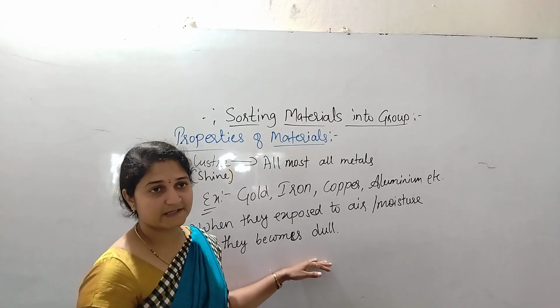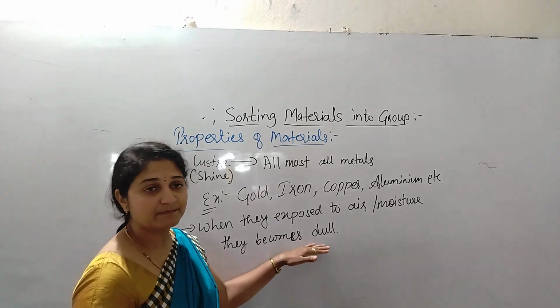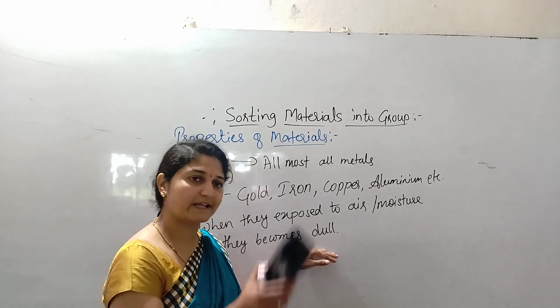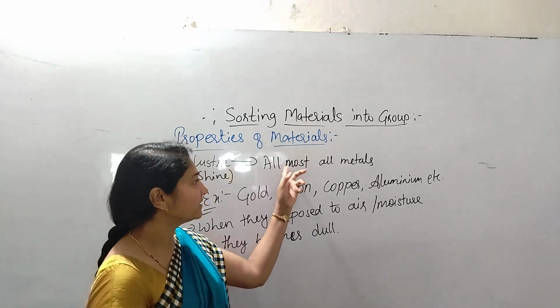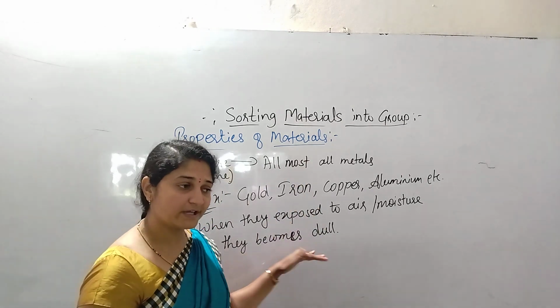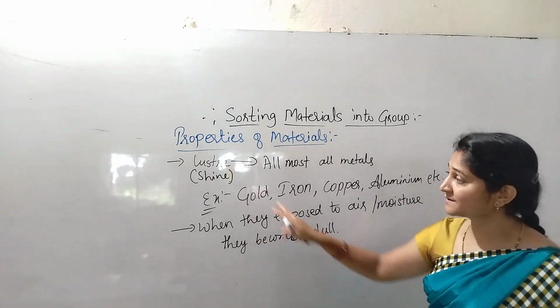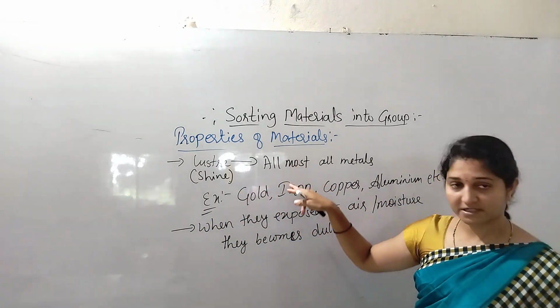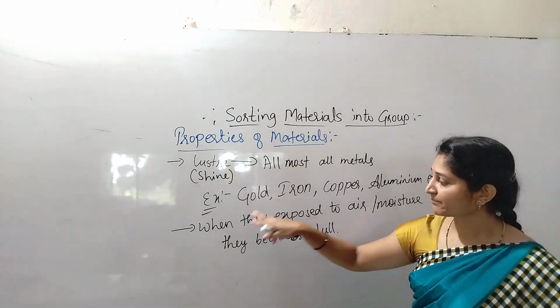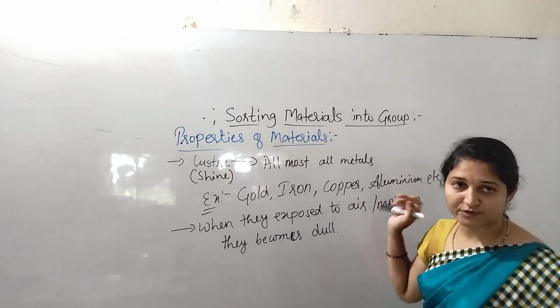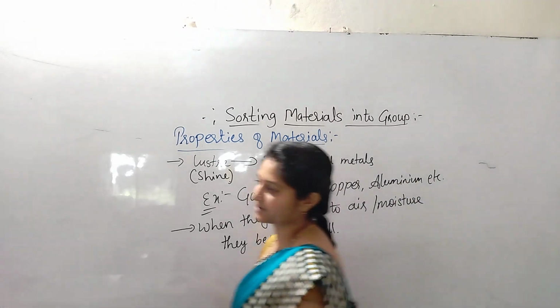The surface is going to become dull. Again, if you cut any of the surface, that cut surface will show the shining property. So one of the properties of these metals is that they show luster when the surface is freshly cut, and they become dull when exposed to air or moisture.